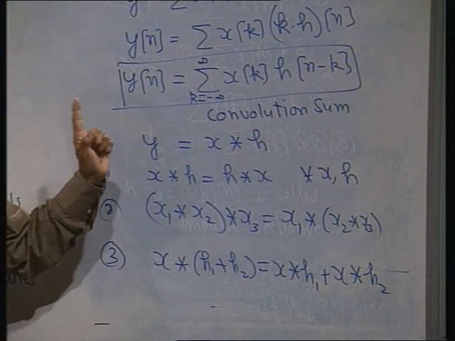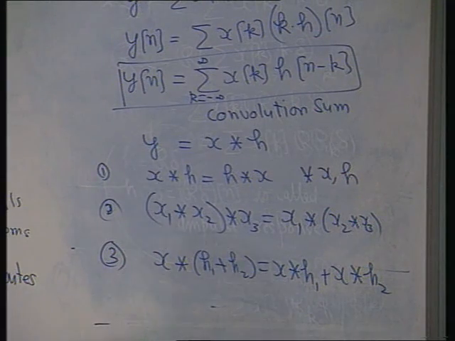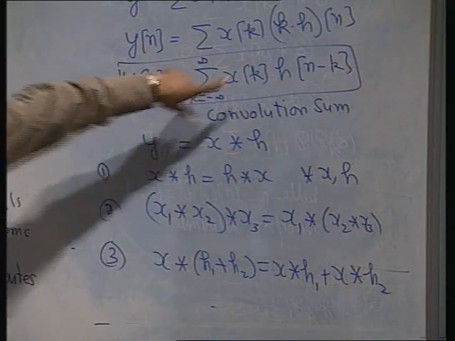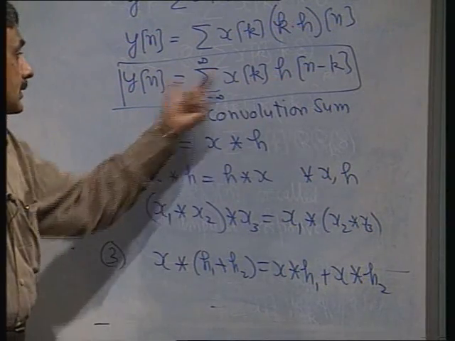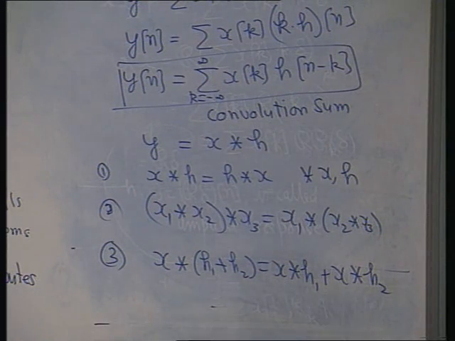So please see one thing: if I feed a delta function and I know the response of the system to the delta function, that is, knowledge of h is given to me, then given any x I can know the response of the system. I only have to convolve that x with this impulse response in order to get y, the output of the system.